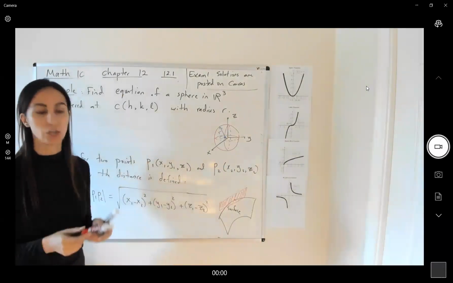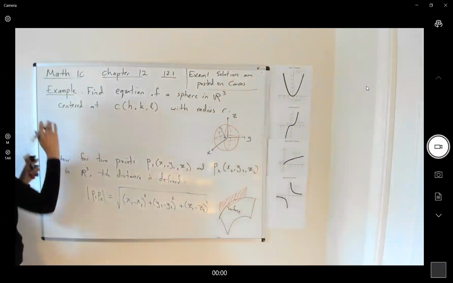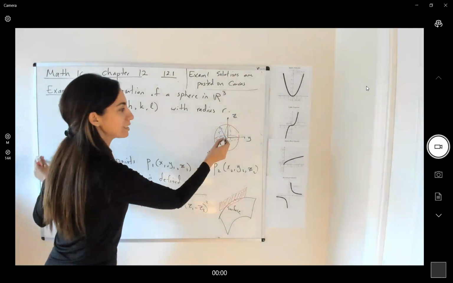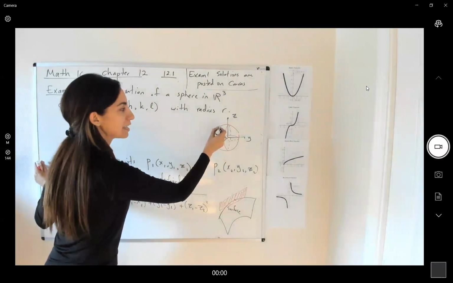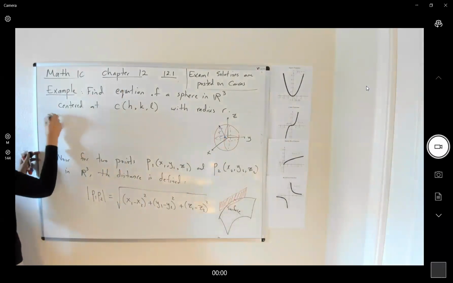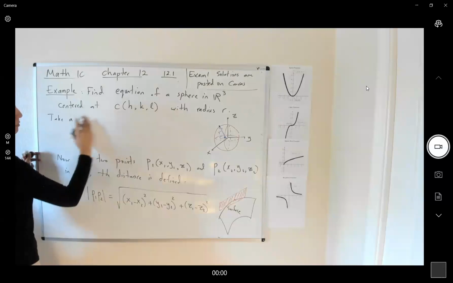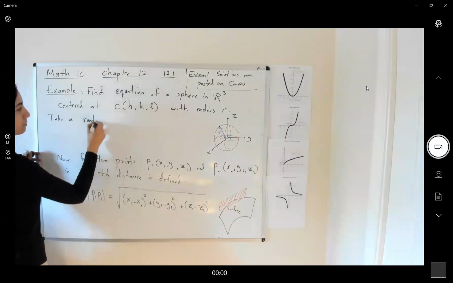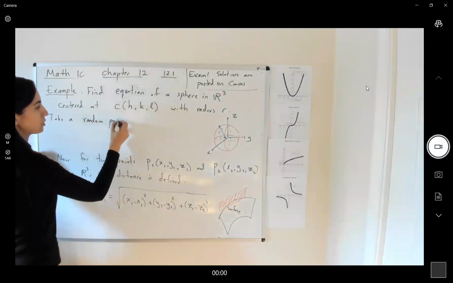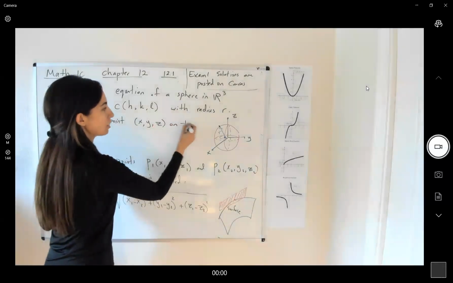How do we write the equation of a sphere from scratch? If we think about it this way, what's the distance between C and any point on the sphere? Take a random point like X, Y, Z on the sphere.